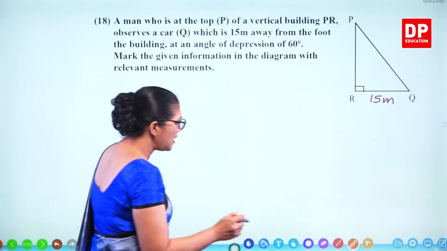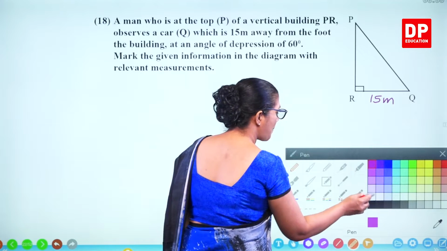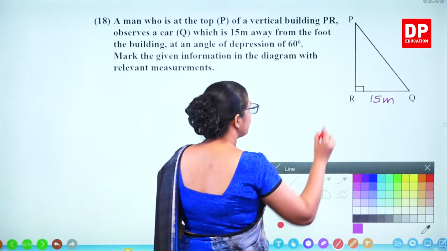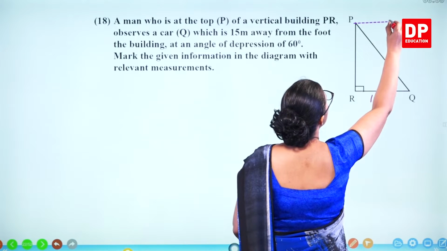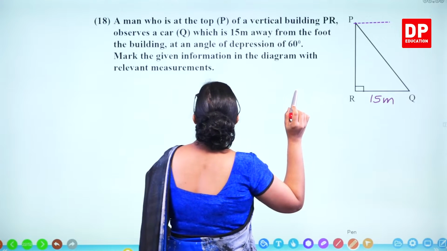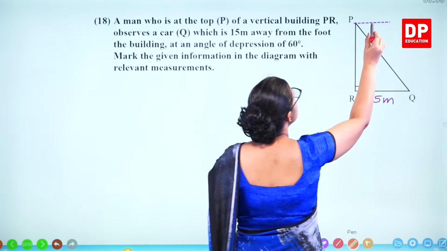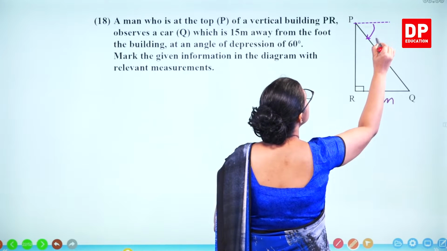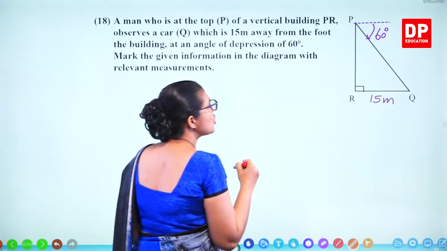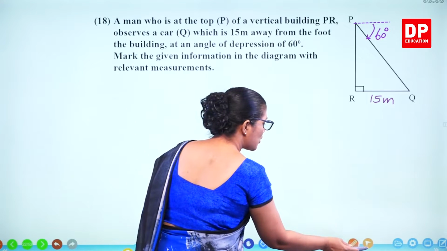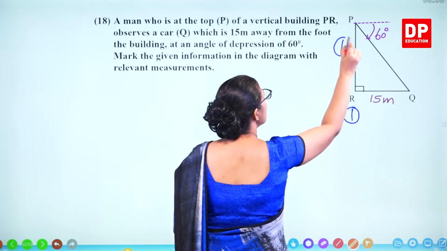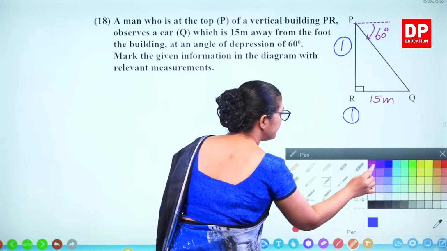So we have to mark the angle of depression. So we'll draw the line first. I'll draw a broken line here from here. What's the angle? 60 degrees down. This angle is 60 degrees. So that's the angle of depression. So you get 2 marks for that. Marking this value and this one, you get 2 marks.